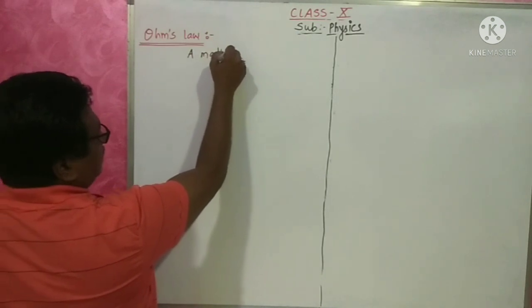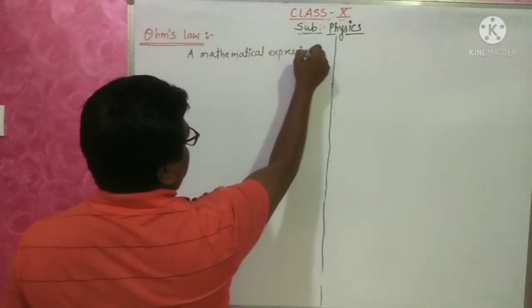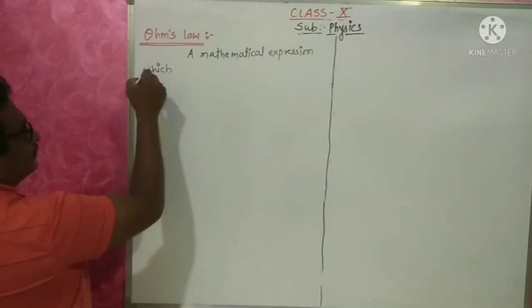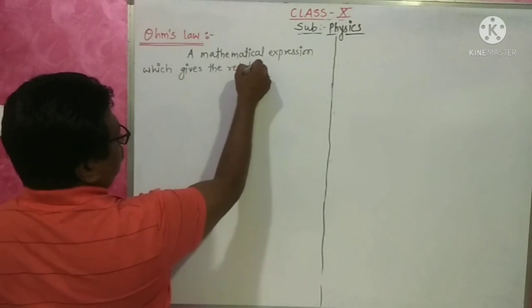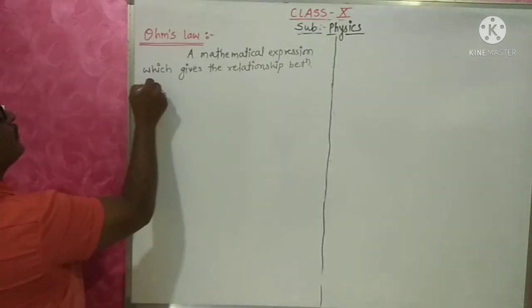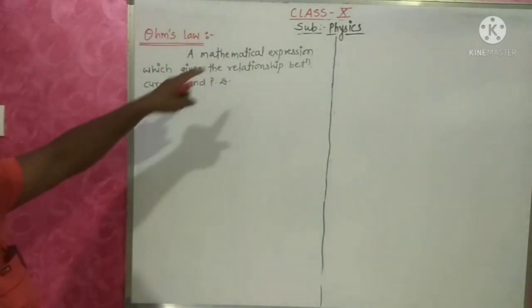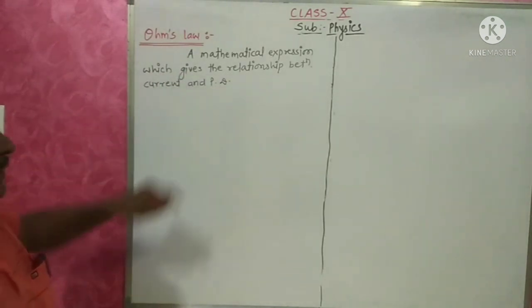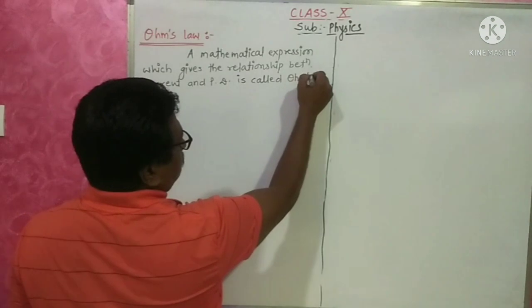A mathematical expression which gives the relationship between current and potential difference is called Ohm's law.